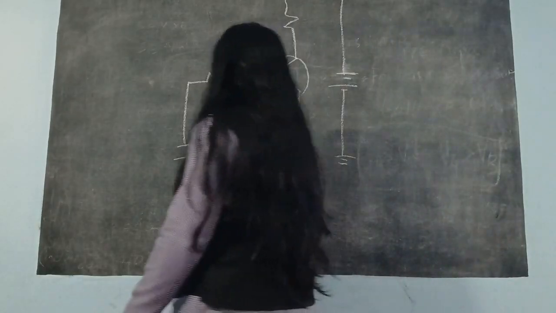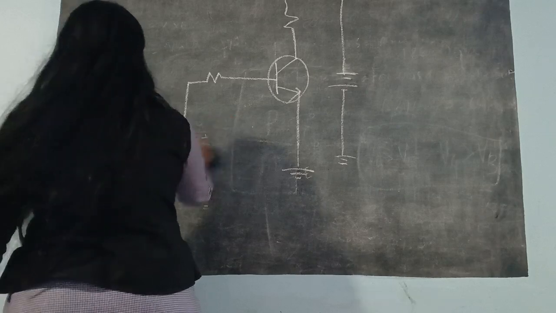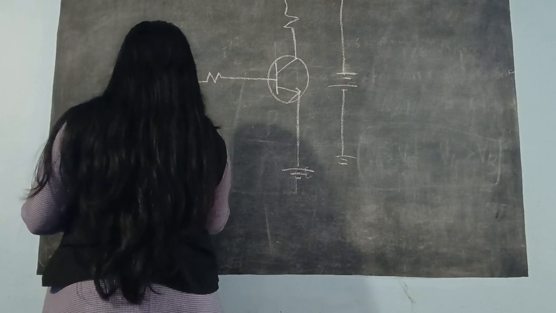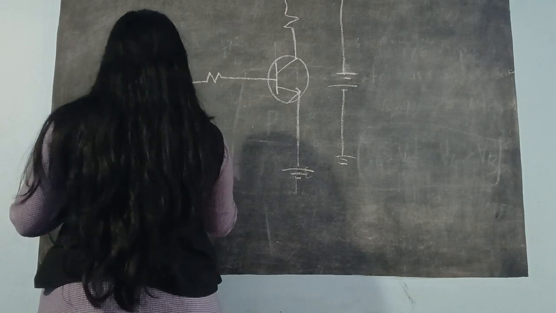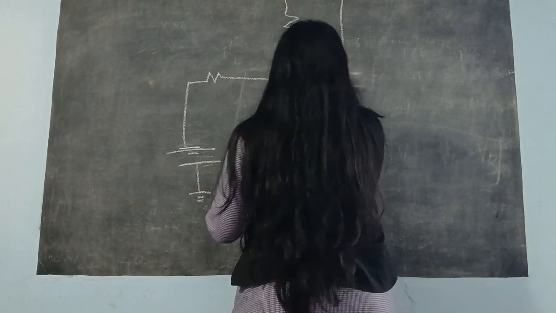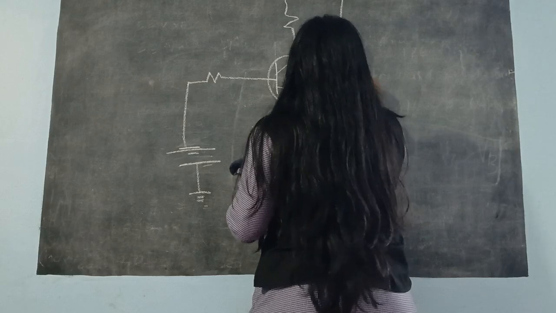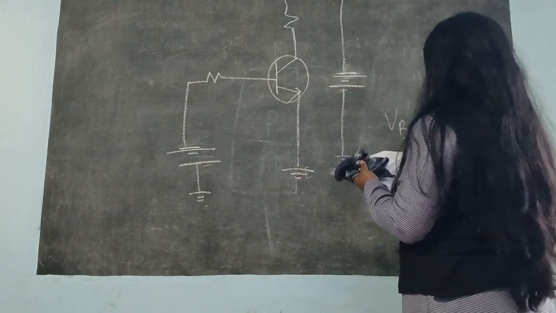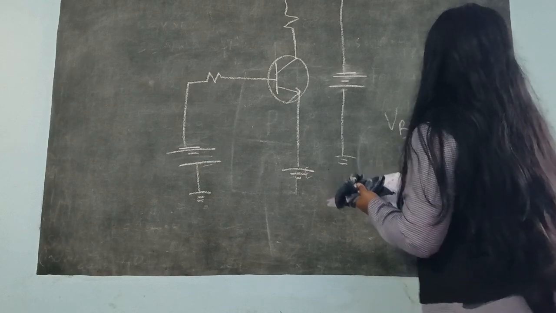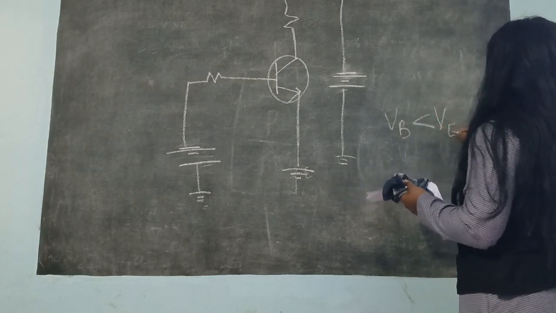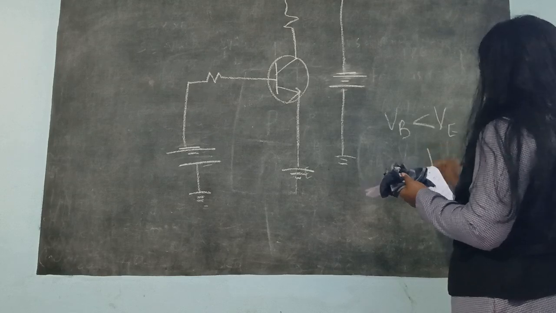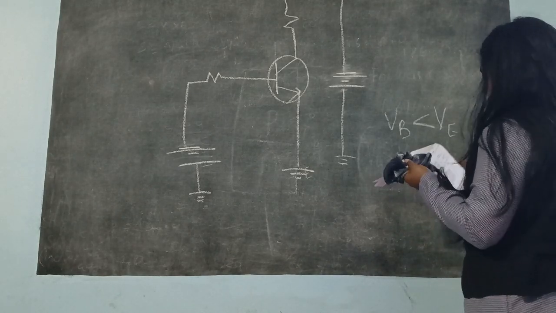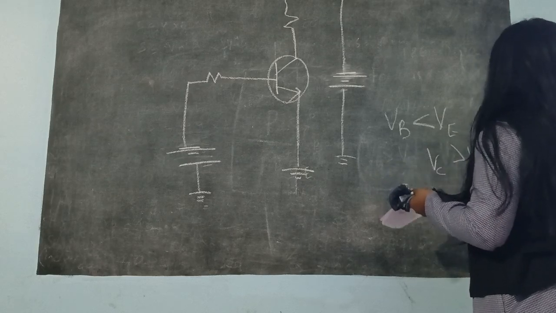That is, when both the sources are reverse biased, VBE is less than VE, that is, VE is greater than VB and VC is greater than VB.